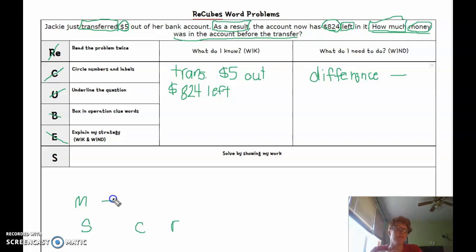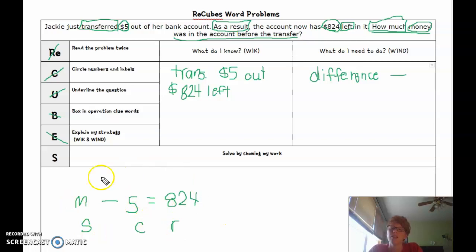And when you're transferring money out of an account, the amount is going down. So M take away 5 equals what? As a result, the account now has $824 left in it. So she's got $824 now, but that was after she took away $5.